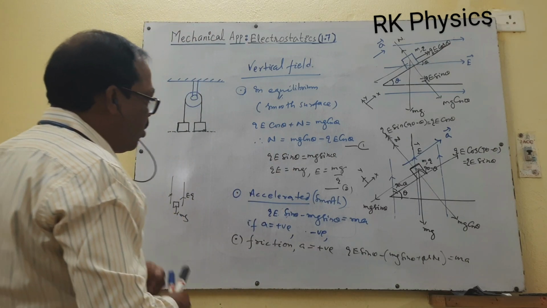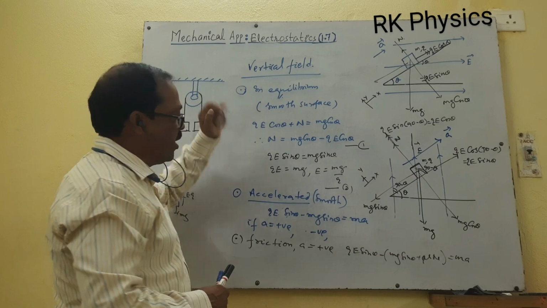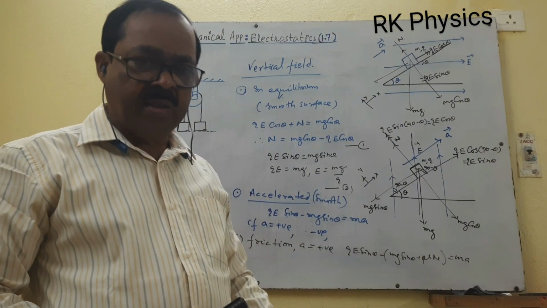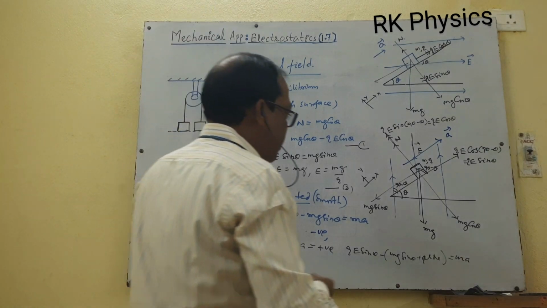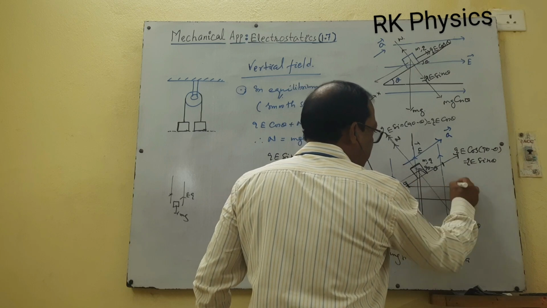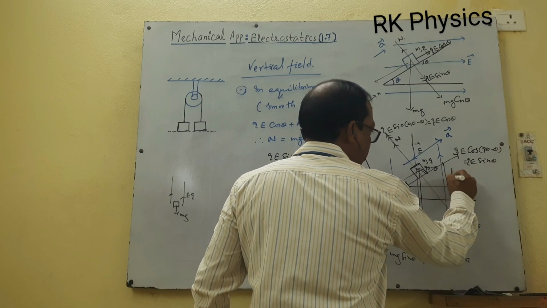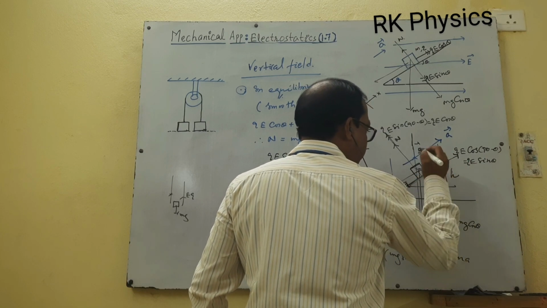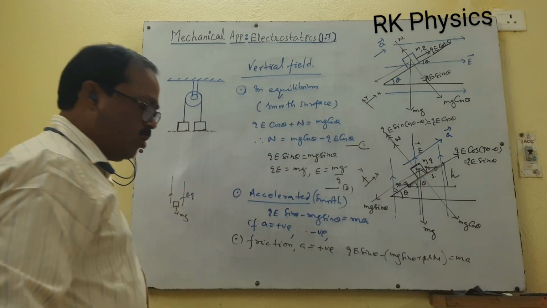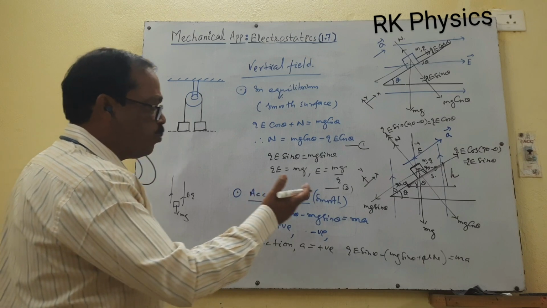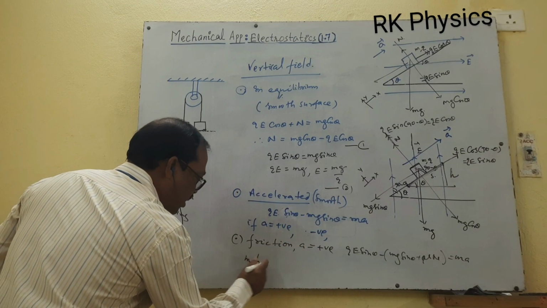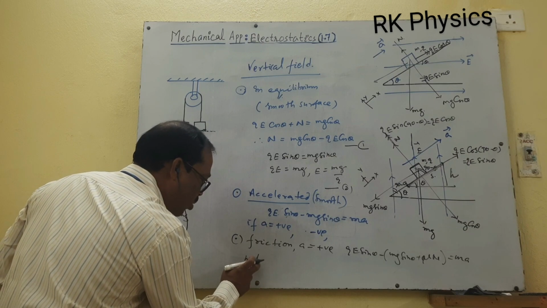If you are able to get acceleration in all cases, then you can calculate kinematic properties and dynamic properties. Similarly, if the body displaces from this point to this point, suppose this is the height travelled by the body, this is the distance travelled by the body, angle theta remains the same. So how can you calculate the work done? The work done means potential energy, mgh. You find out the value of h here.